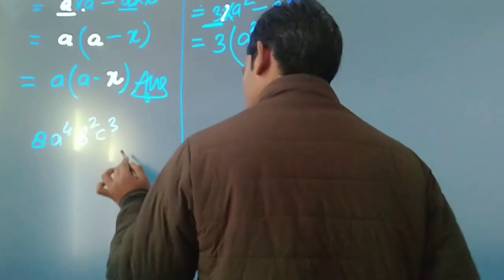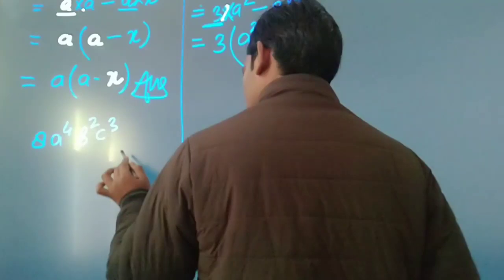B square and b square is common, so write b square as a common quantity. C cube and c cube is common, so c cube is a common quantity. And what is left here? 2 and a square, so we write 2a square plus what is left here, that is only 3, so we write 3.